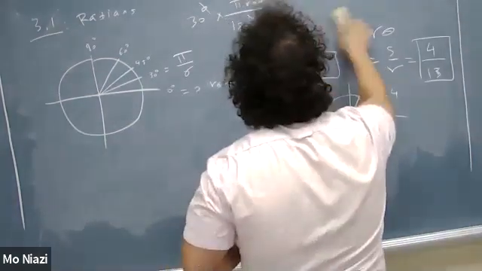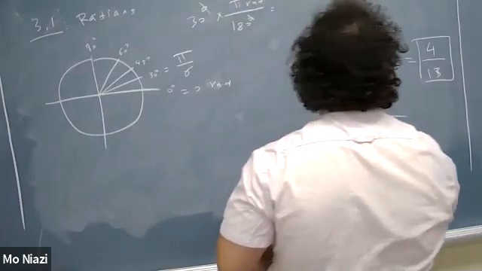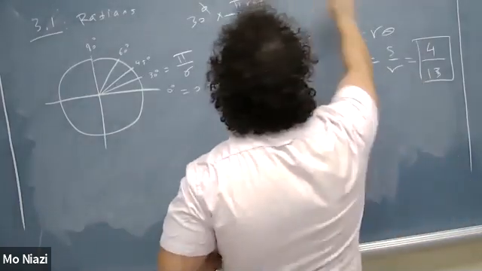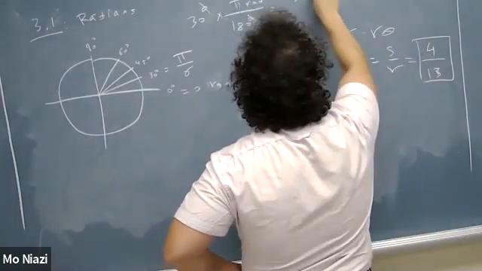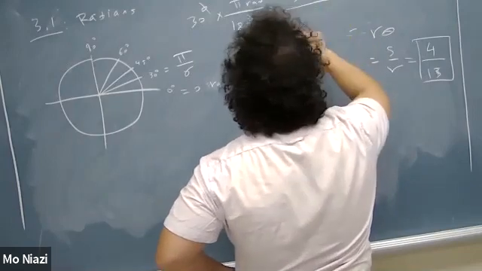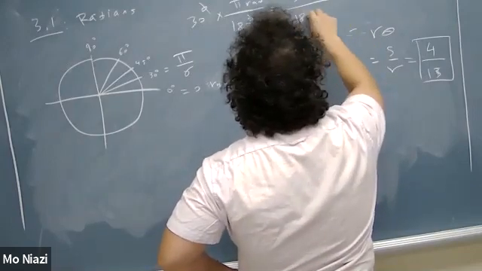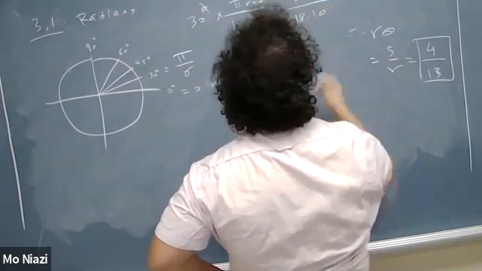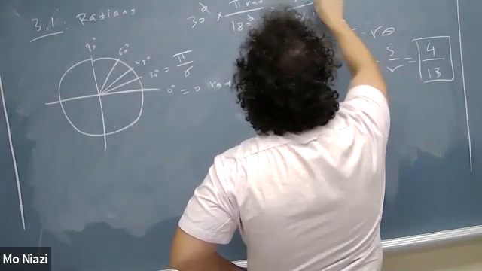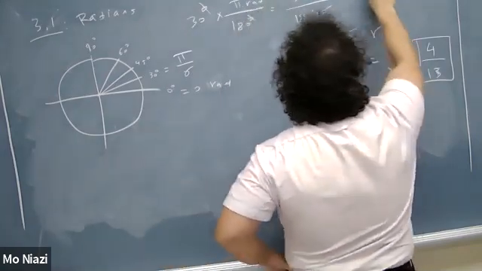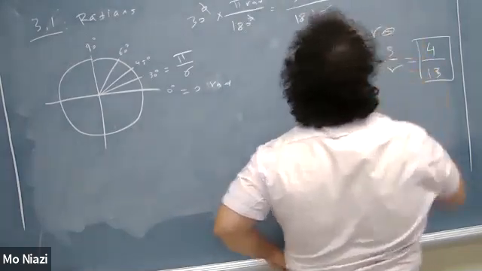Let me be more explicit in what I'm talking about, even though you might probably already understand. This is equal to 3 times 10 times pi. And this is equal to 18 times 10 degrees, but the degrees cancel. So we cancel out the 10s. So I get 3 pi all over 18.